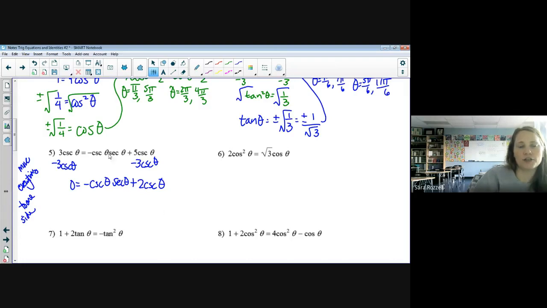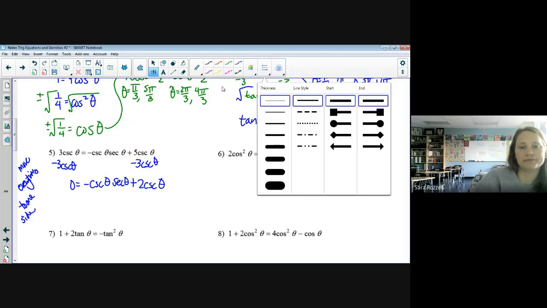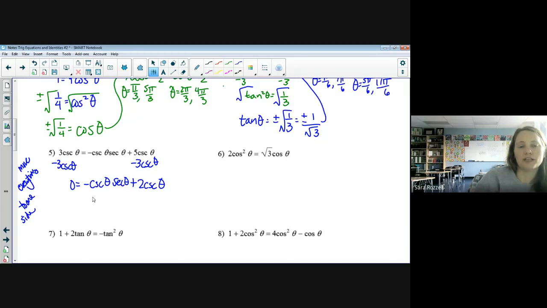So in this case, you're going to look at each term and see if there's something in common we can factor to the front. Do both the first term and the second term have something in common? What do they both have in it? Y'all can mouth it. A cosecant? Yeah, so they both have a cosecant. So I'm going to pull cosecant to the front. We're going to factor cosecant theta. I'm pulling cosecant to the front and writing what's left over. So I have negative secant theta plus 2.